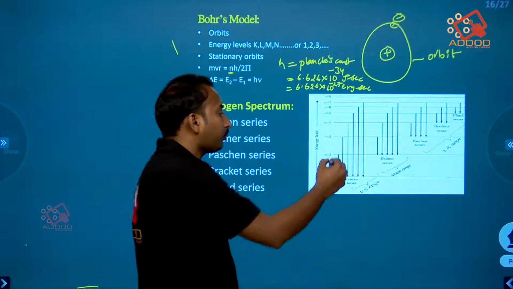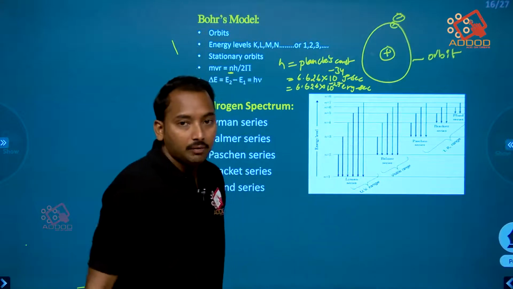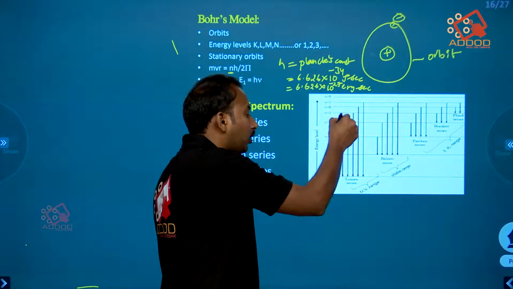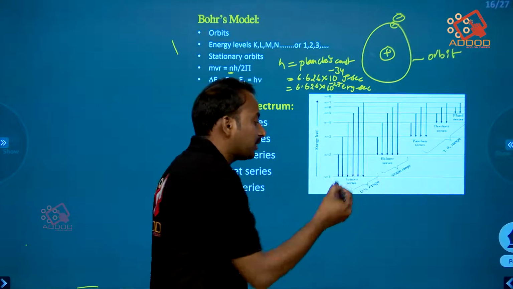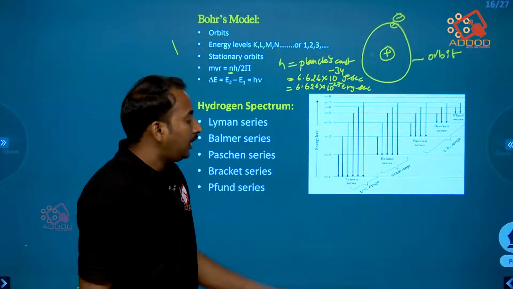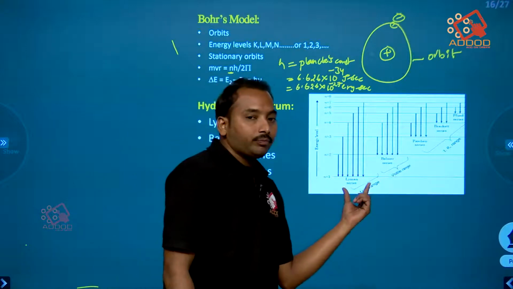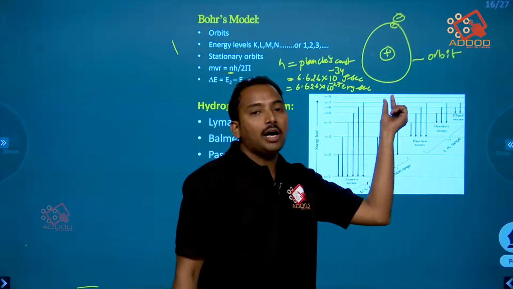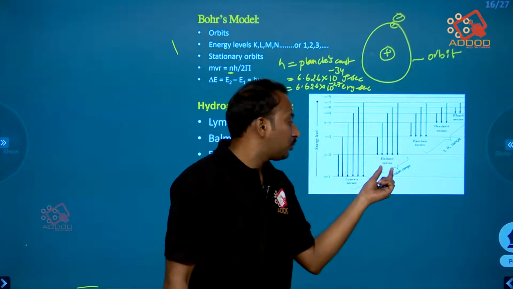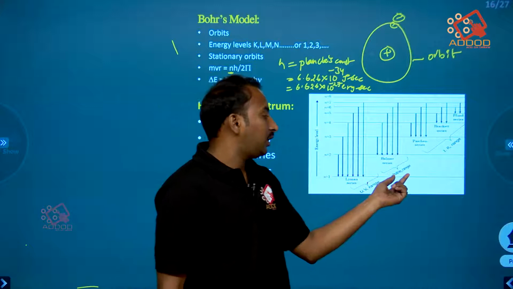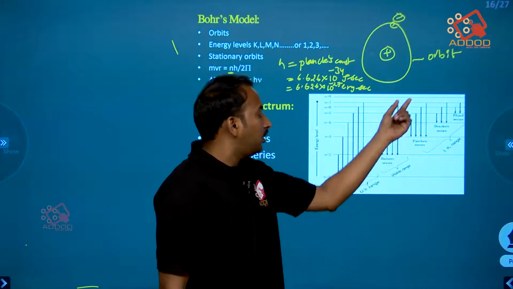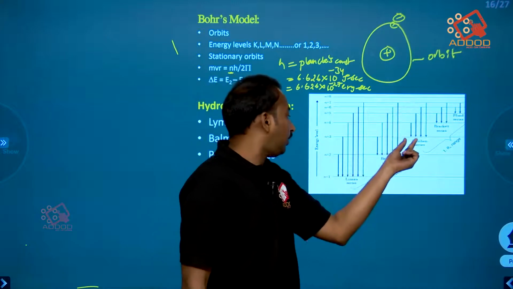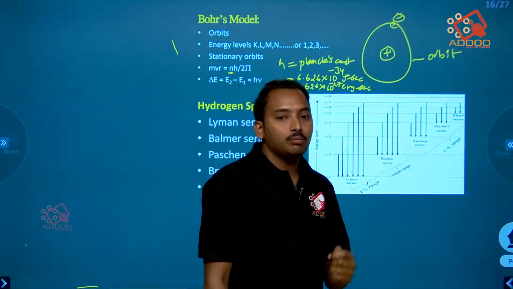Suppose the third energy level is also a higher orbit. So the electron drops from a higher orbit to the first orbit, that series is called the Lyman series, and it is in the UV region. And next, the electron drops from a higher orbit to the second orbit, so it is the Balmer series, and it appears in the visible region. And next, the electron drops from a higher orbit to the third orbit, that series is called the Paschen series.